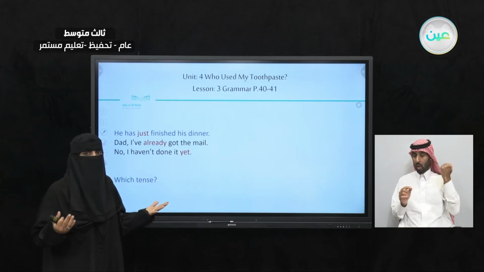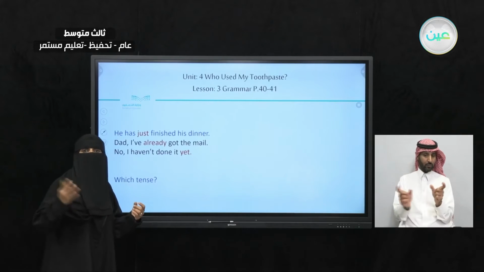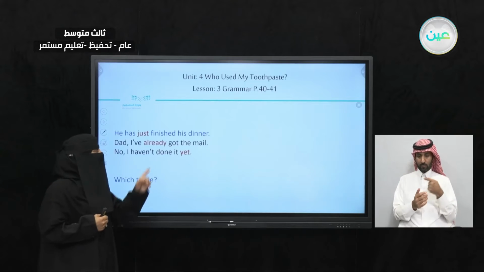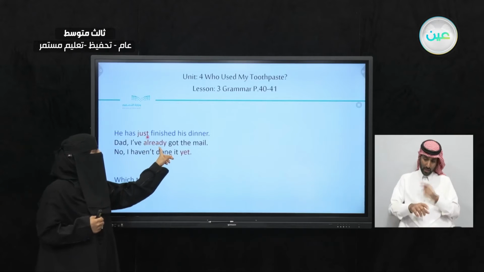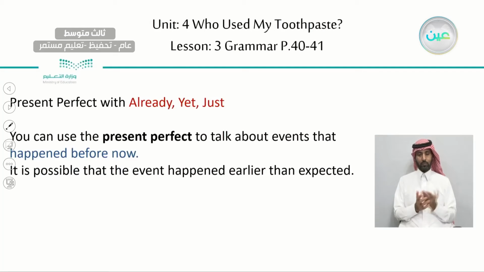Do you remember? We also covered it with since and for. But now we're using it with just, already, and yet. Okay? Now, looking at our books, let's read together. Present perfect with already, yet, and just. Let's read the sentences.